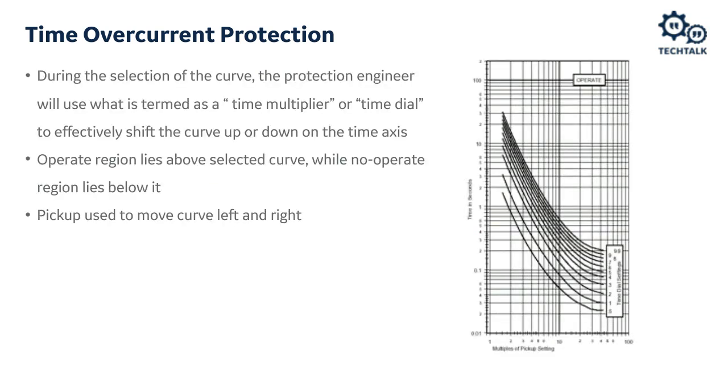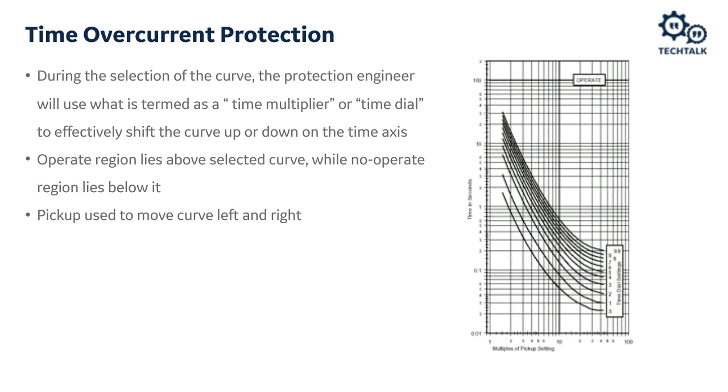Now, the next thing that is important for us to set is the pickup. And as I mentioned, the pickup would be where the curve just starts to pick up. So below that current, we are not timing. Above that current, we are timing against the curve.